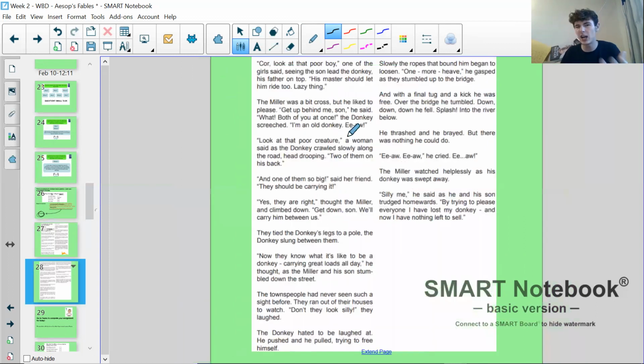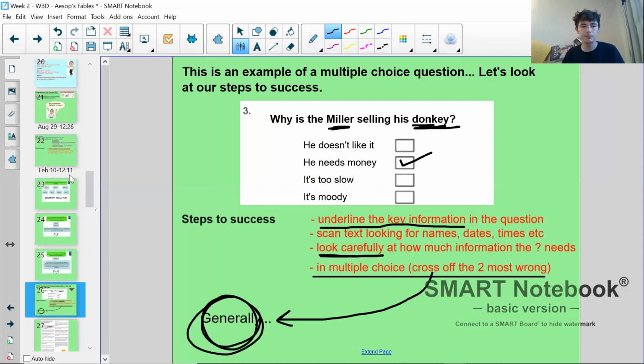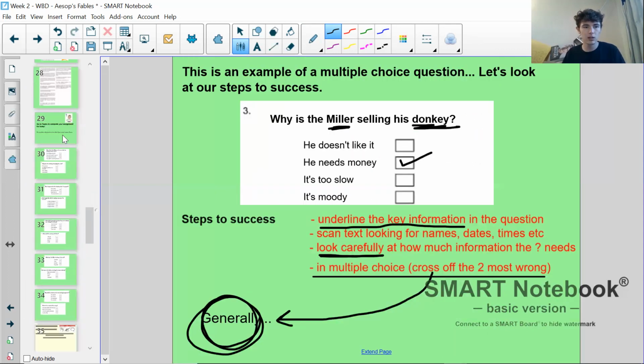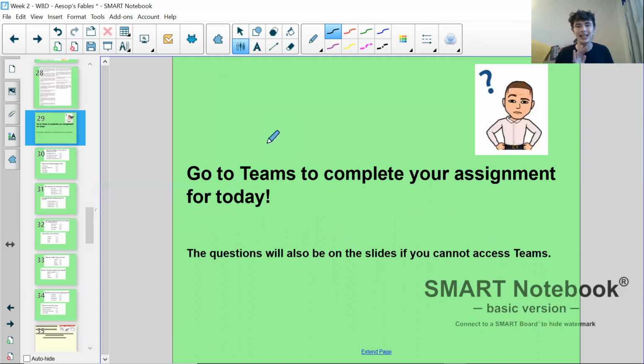I've got the second sheet up here just in case you need the text version. But yeah, let's go to Teams today to complete your assignment, okay? So the questions will also be on the slides if you can't access Teams. I'll go through them now, but there is going to be 10 multiple choice questions for you to answer about the fable.